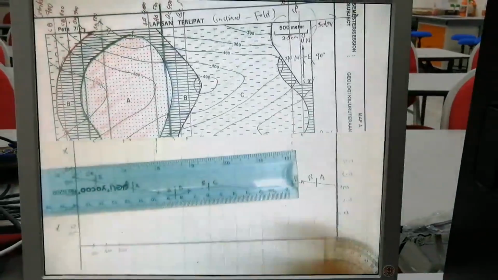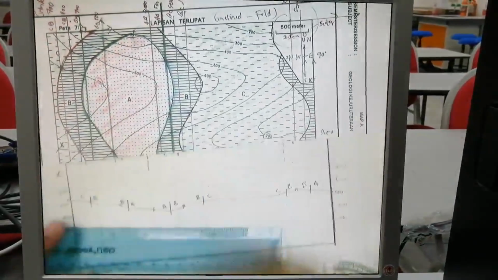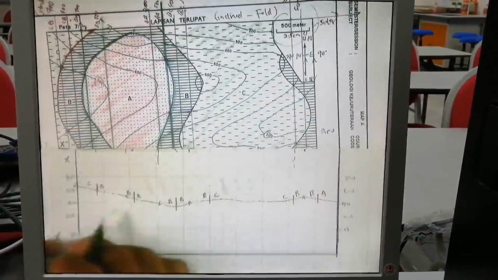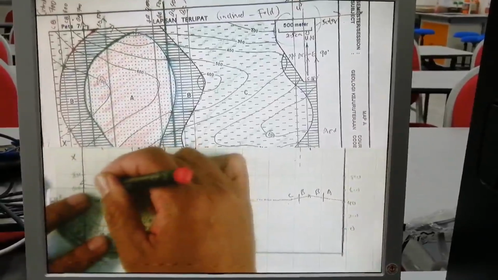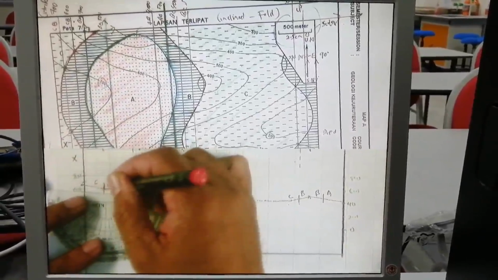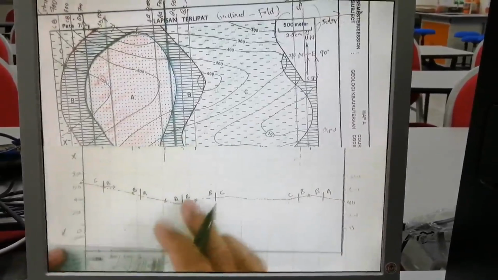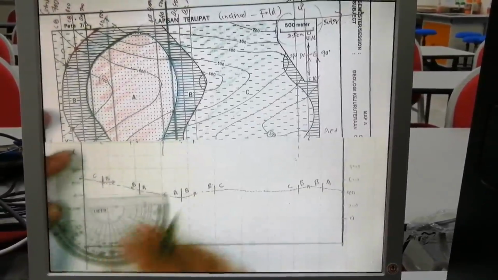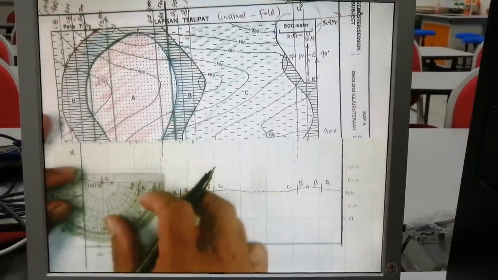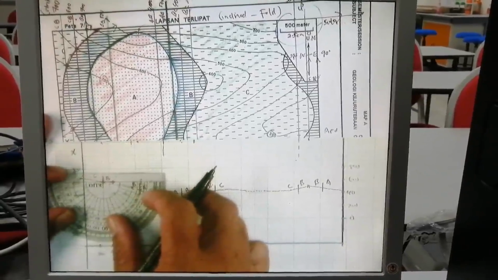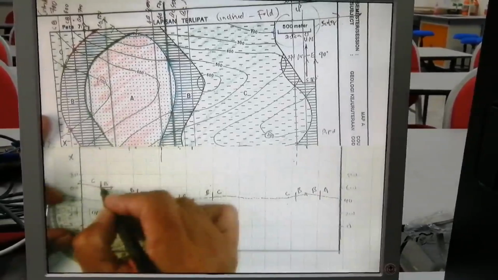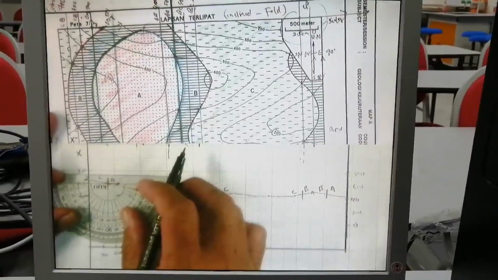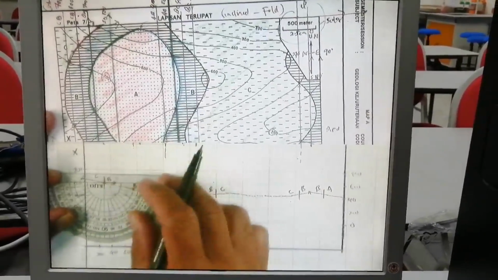This one X, this one Y. So the direction of CB is horizontal. Draw the horizontal line first. Okay, this horizontal line. The dip angle is 32 degrees. This is the center point.